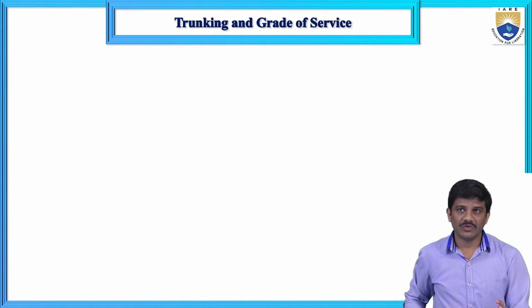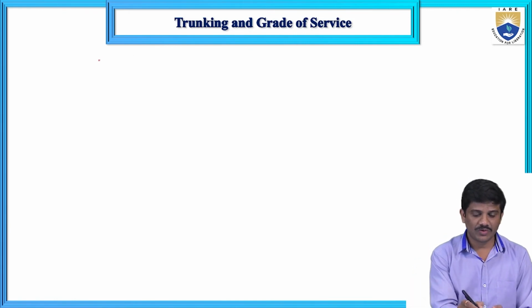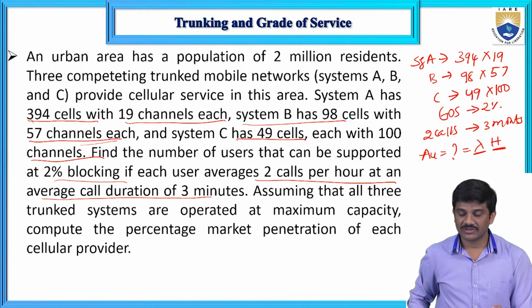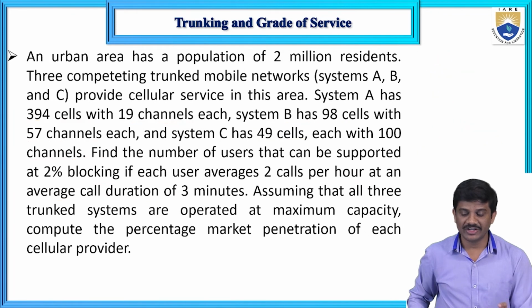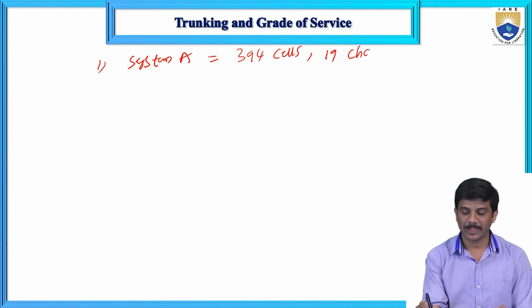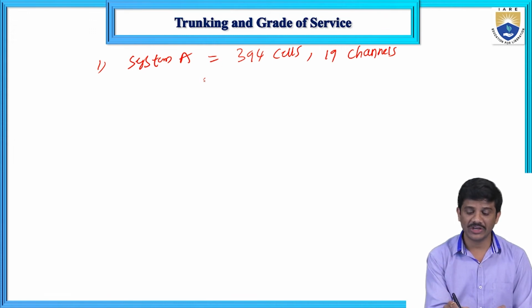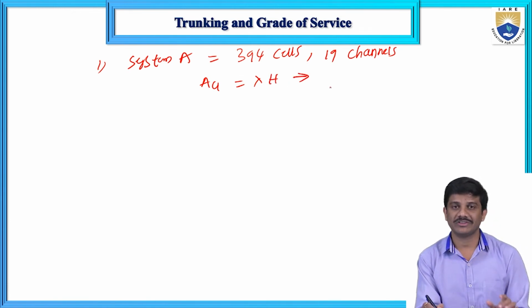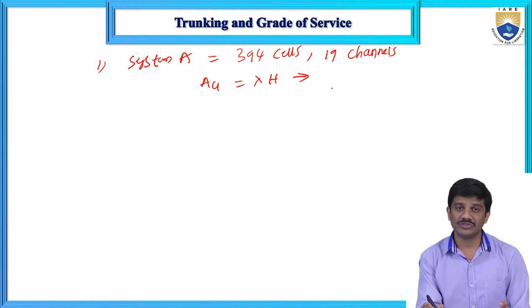Then you can see here, first of all we have to find out for system A. System A has 394 cells and 19 channels. First of all we have to find out the AU value. What is the AU? Lambda H. Here they gave 2 calls per hour, and the average duration is 3 minutes.